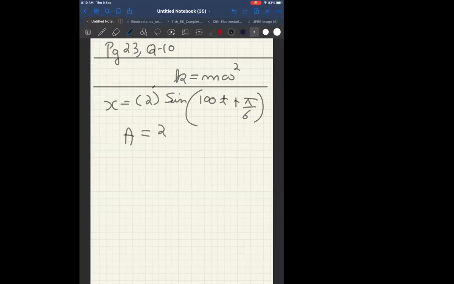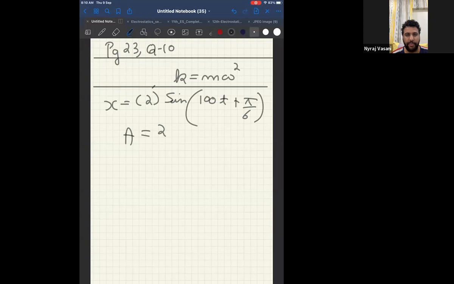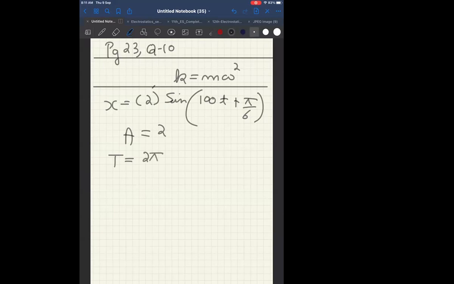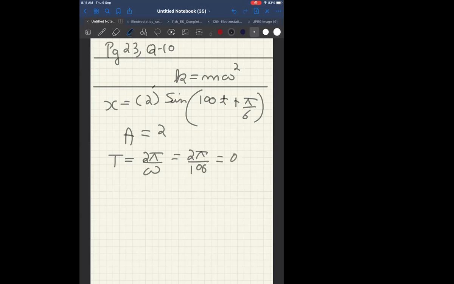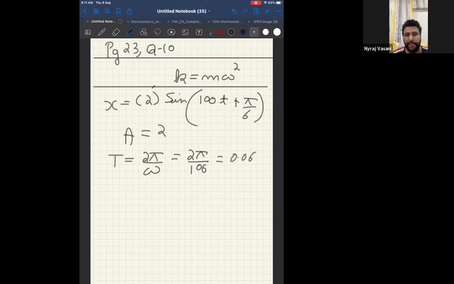Because if I compare with x is equal to a sine omega t plus phi, I get amplitude equal to 2 centimeter. Now tell me what is time period? Time period is 2 pi by omega, or can I say time period is 2 pi by 100.